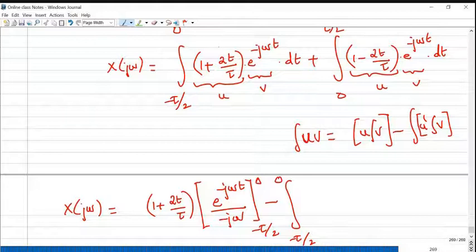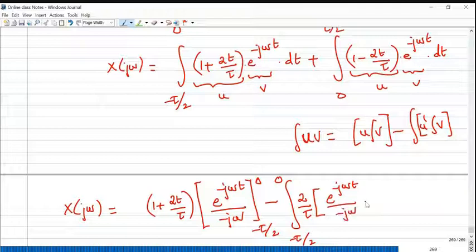You differentiate this term: one is a constant, so 0, so u dash is 2 by tau, times integration v, e power minus j omega t divided by minus j omega, dt. So this is the result for the first one.